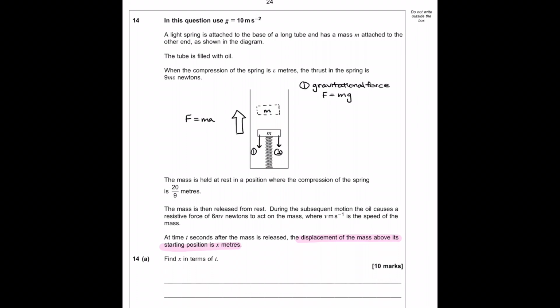That's against your resultant force, so it should go down like this. So, the oil resistive force. In the question, it says the resistive force is 6mV newtons, where V is the speed. So this force, with the subscript here, should be equal to 6mV, where V is the speed.